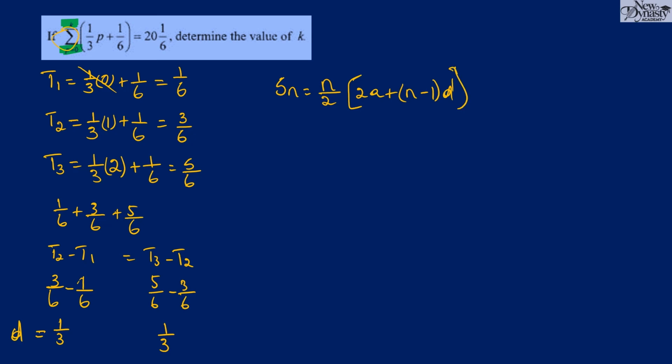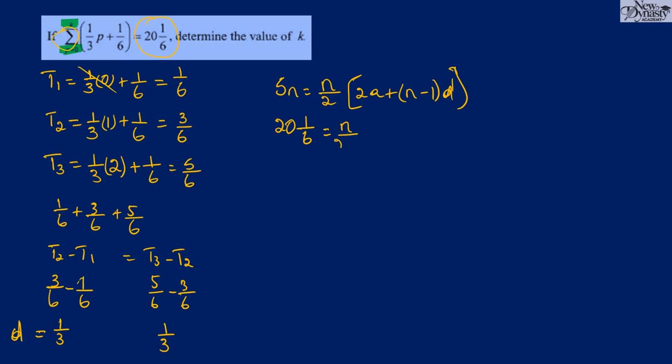We are told that the sum equals 21 over 6, so that is our Sn basically. 21 over 6 equals, we are looking for n. Our n here is going to represent k.